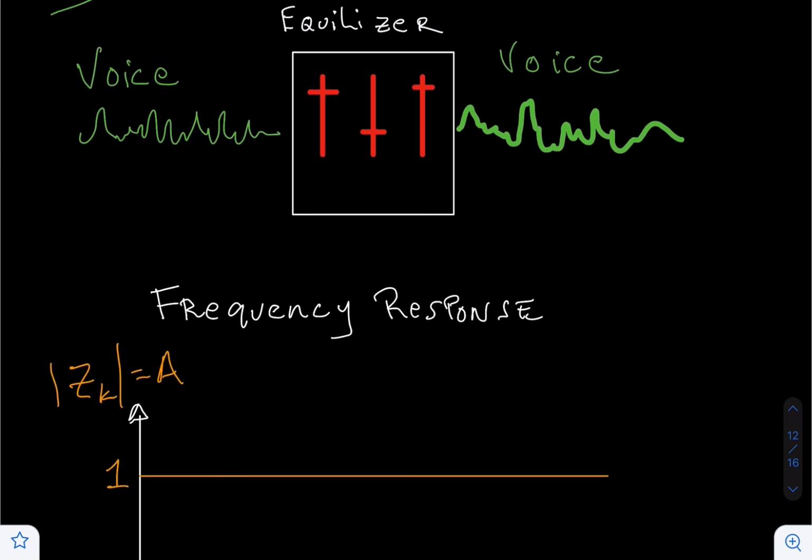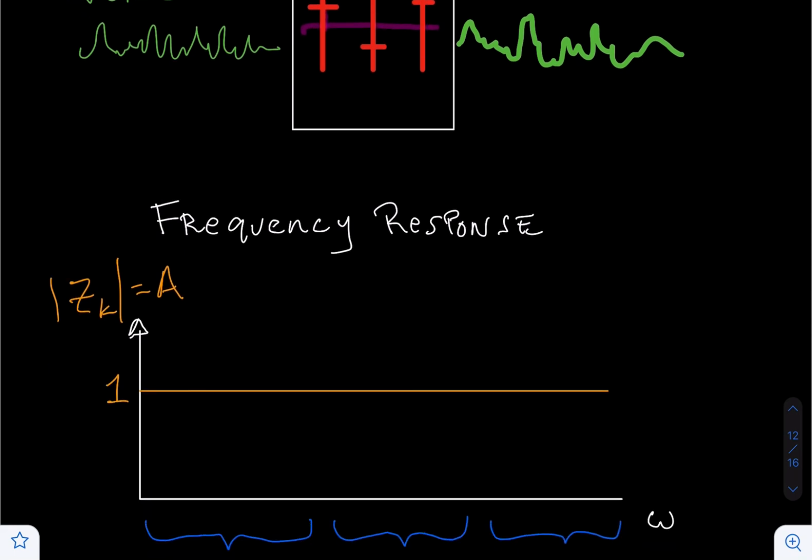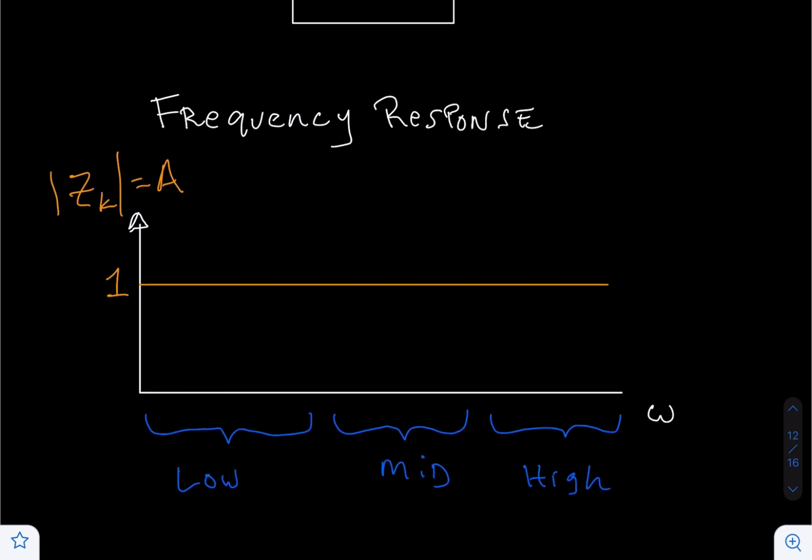And if you put the equalizer flat, if you were to dial this down to 1, then the frequency response would be flat. These are all your tones and your different frequencies. This is your low range, maybe 20 hertz to something like 200 hertz. This is your mid kilohertz. This is like 5K or something like that. If you put your equalizer flat, the amplitude is going to be flat.